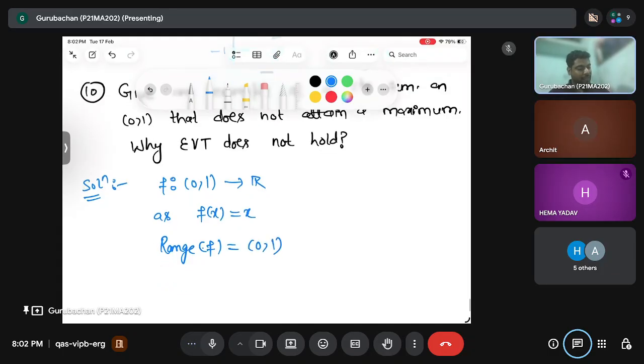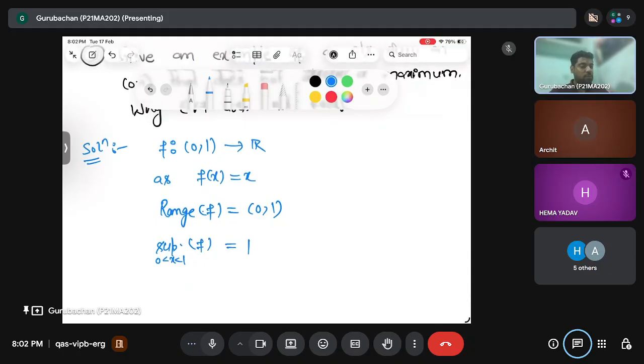What is the maximum value of this x? 1. We cannot say. What is the supremum of f? No, 1, sir. Supremum is 1. Yes.